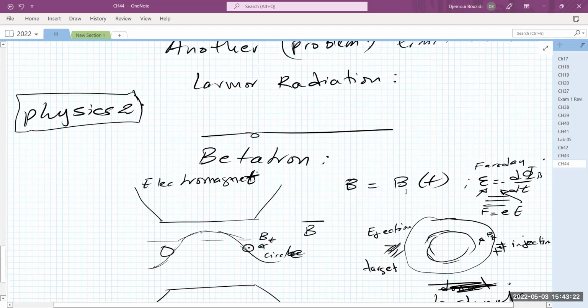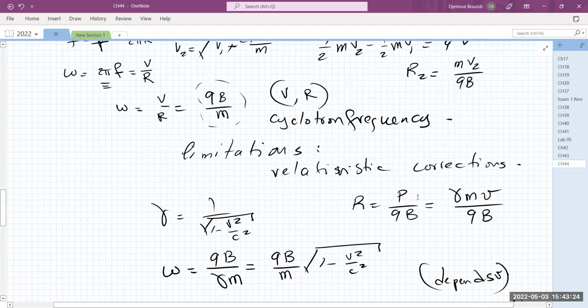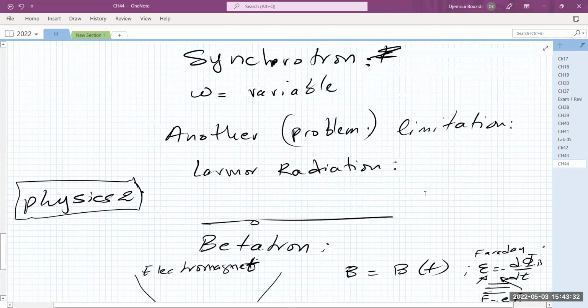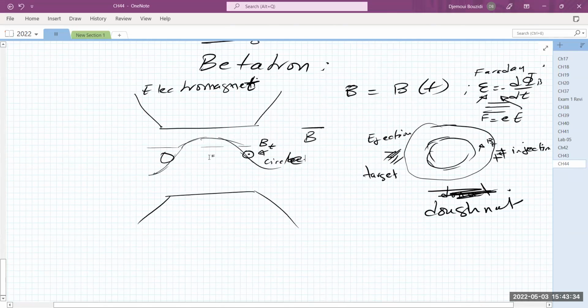Again, the circle is given by this expression too. R is equal to the momentum of the particle divided by the charge times the magnetic field, okay? So we're going to find the radius, and we're going to force the radius to be equal to the radius of the donut itself. And from that point on, we're going to make sure it stays as is. So we don't want it to change.